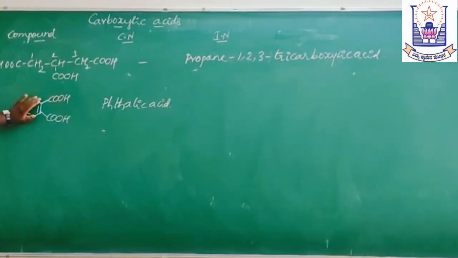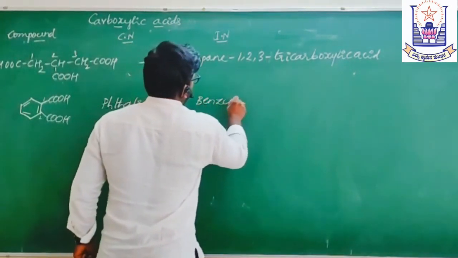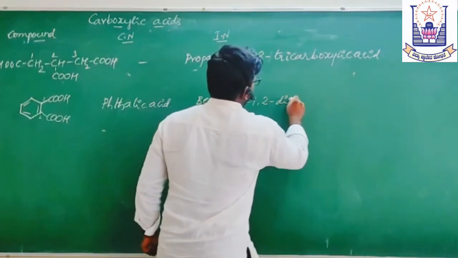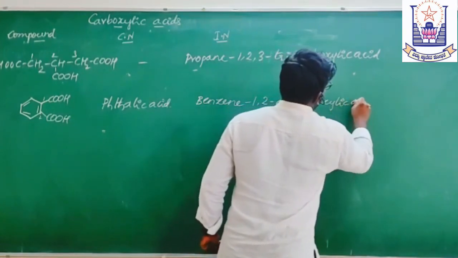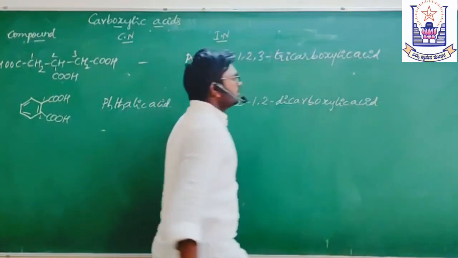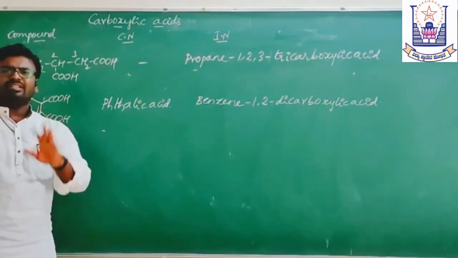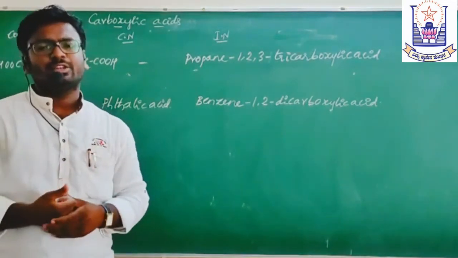See, benzene, take this position as 1, this as 2, 1, 2, these are COOH groups, no? So dicarboxylic acid. Benzene 1, 2 dicarboxylic acid. Dicarboxylic acid. So in this way we have to give the common names and IUPAC. Writing the IUPAC name is very easy when you remember the IUPAC rules. Okay.